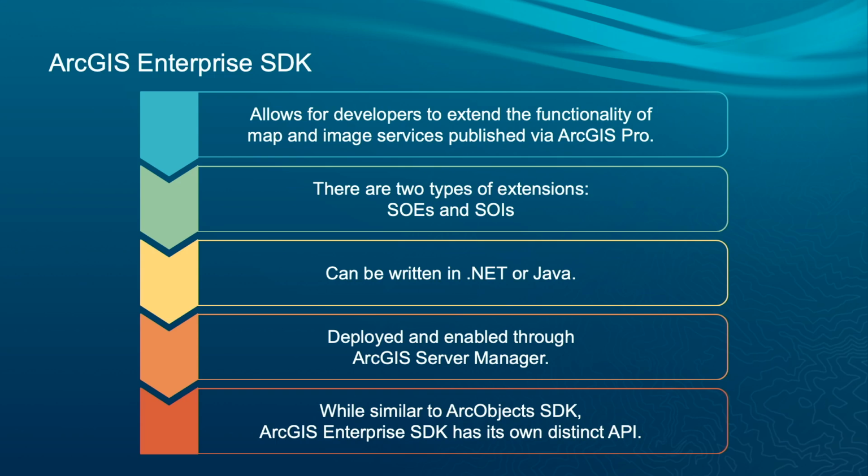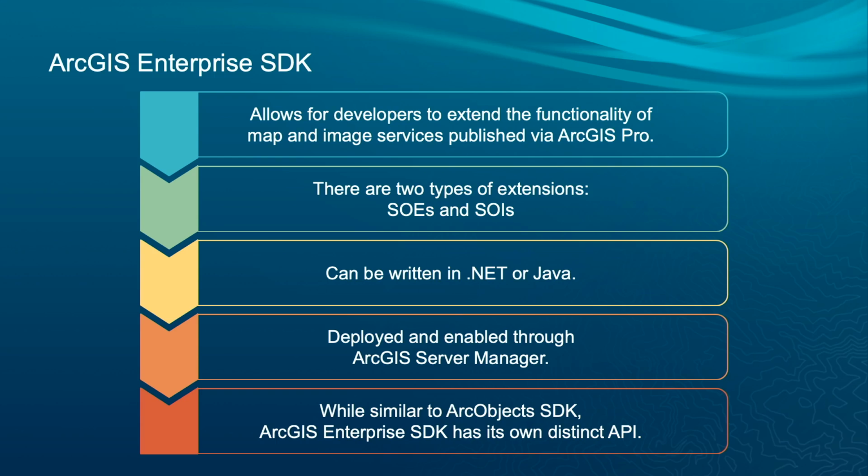On Windows, you're going to be a little bit more limited with Java and Linux. And they're going to be enabled through ArcGIS Server Manager. Because they're enabled through ArcGIS Server Manager, they're only available on Windows and Linux. Kubernetes functionality is a little bit limited on the SOEs front, and SOIs are not there yet. So this is going to be a Windows Linux story.